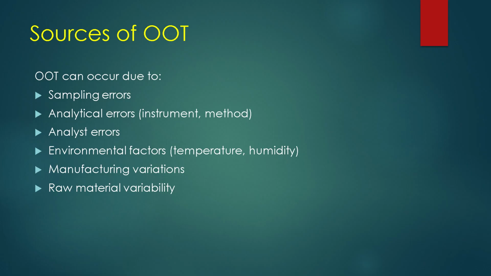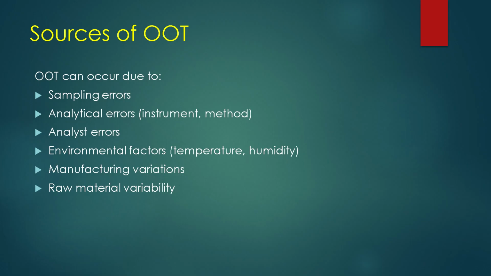Sources of OOT. OOT can occur due to sampling errors during collection, such as improper storage or incorrect timing, which can lead to biased results and false OOT triggers. Lab equipment failures, including poor calibration or defects, may generate inaccurate data and unnecessary OOT findings.